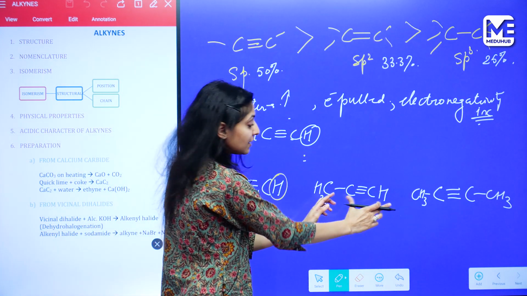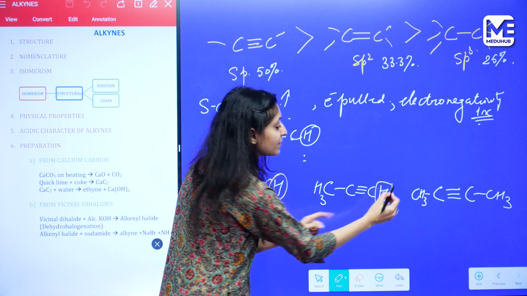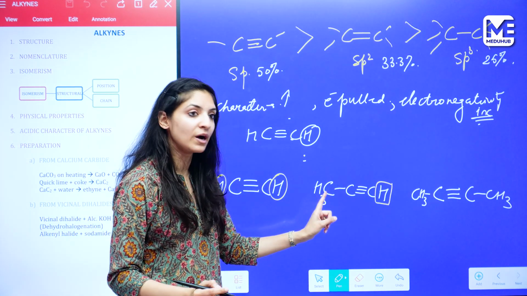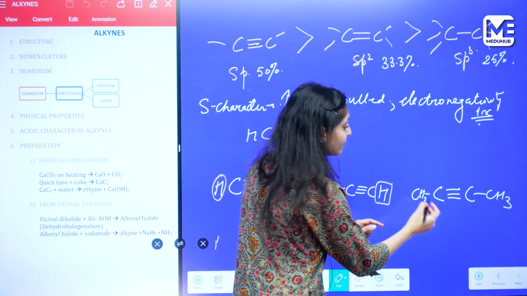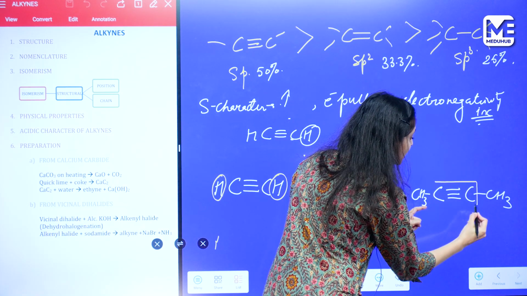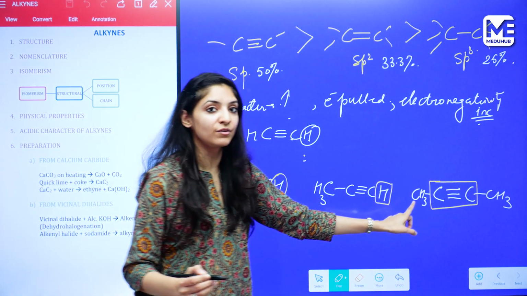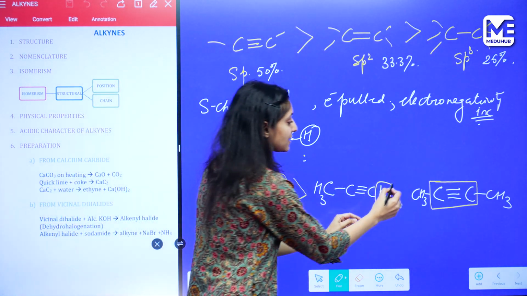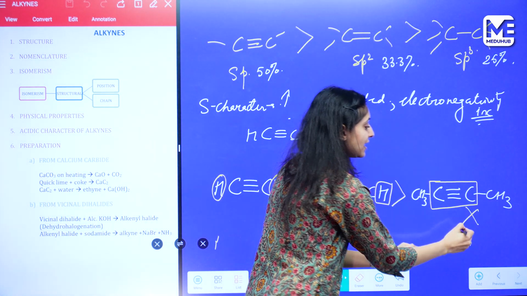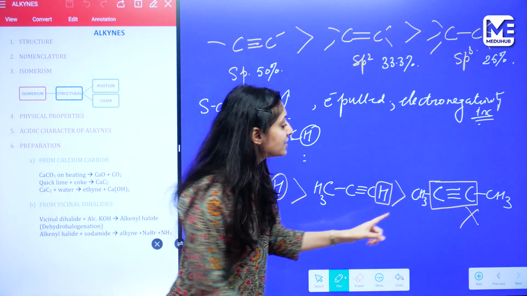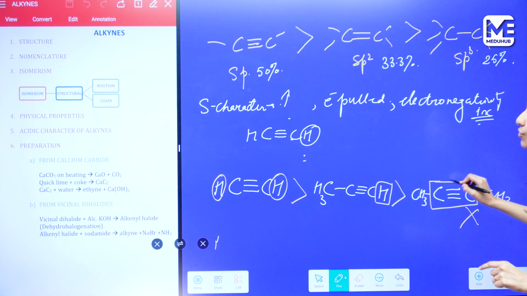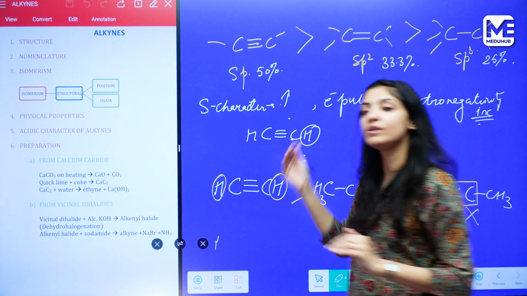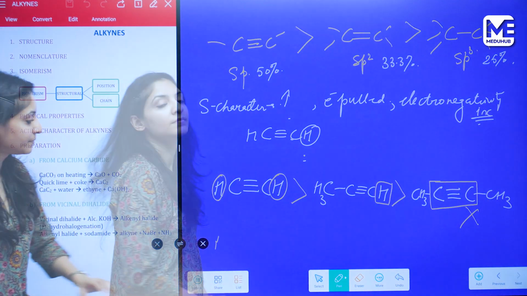Here in this alkyne we have only one hydrogen which can be released as a proton. In this case, the triply bonded carbons are not bonded to any hydrogen. So the acidity is the maximum here, it's less here, and this is not acidic. So this one, this isomer of butyne will not give this reaction with sodium or sodamide, right?